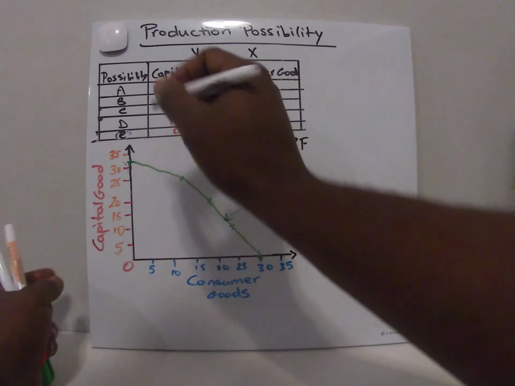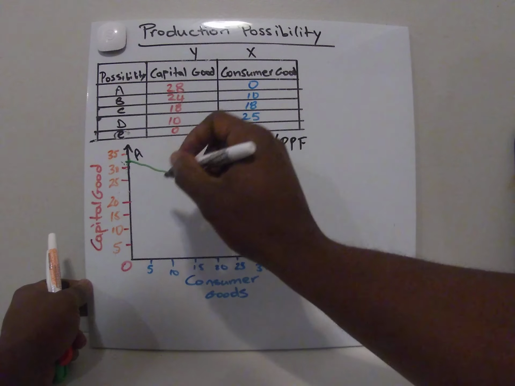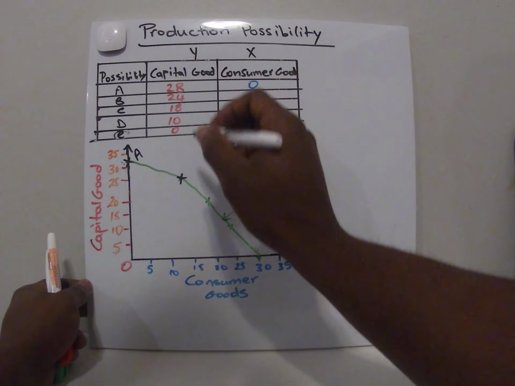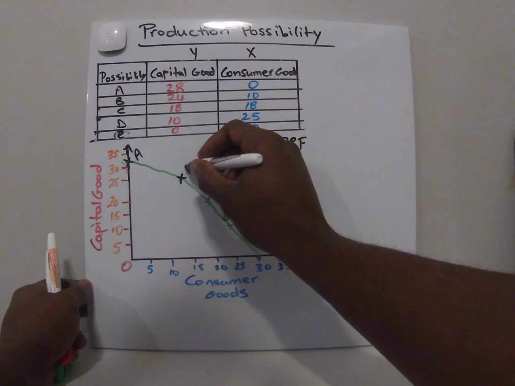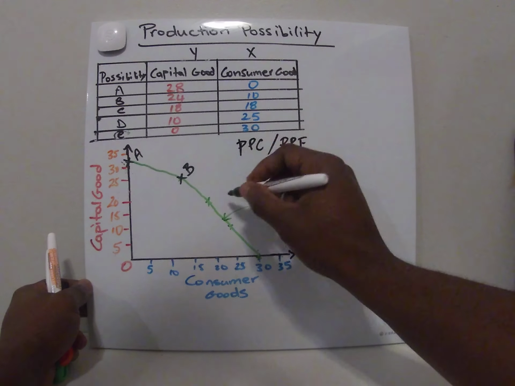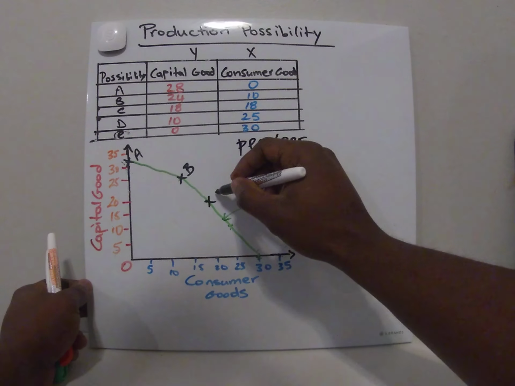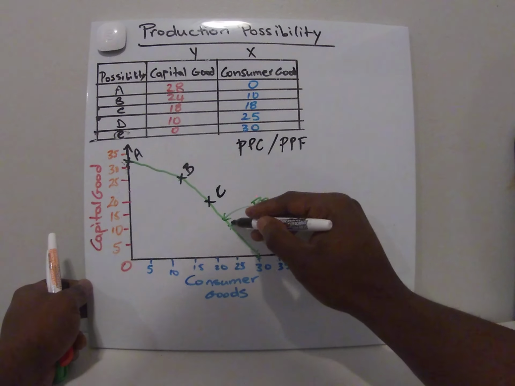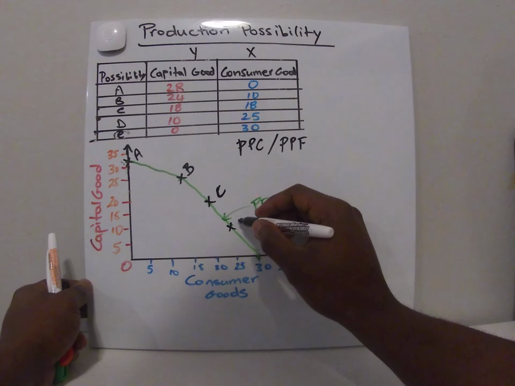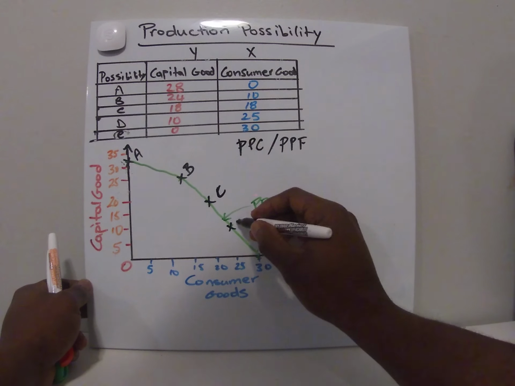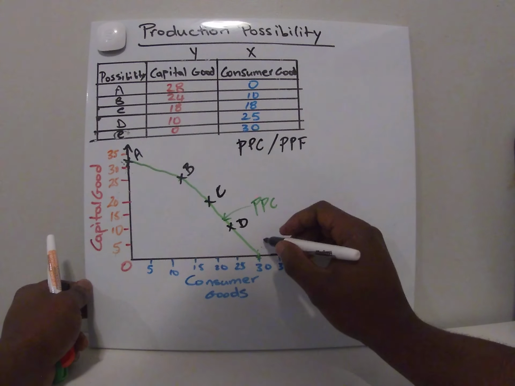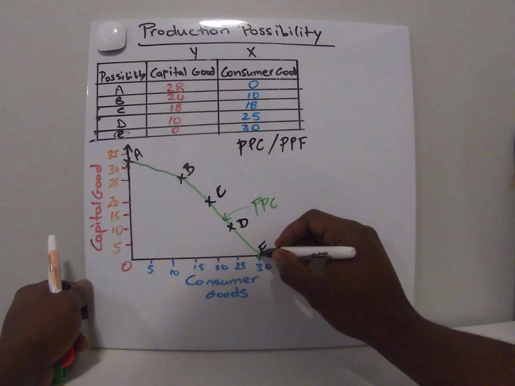Point A, which is 28 and 0, will be right there. 24 and 10 is our point B, and then point C is 18 and 18. Point D is our 10 and 25, and then 0 and 30 is our point E.